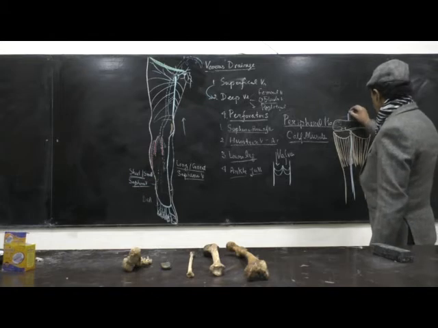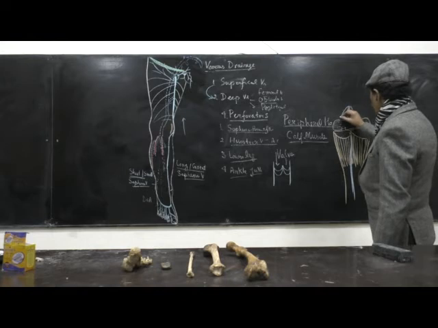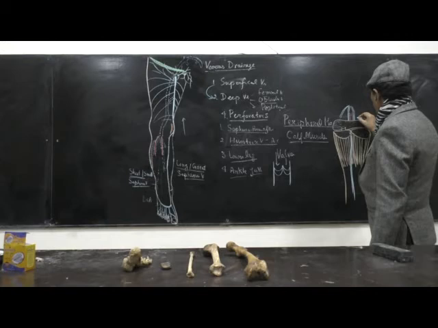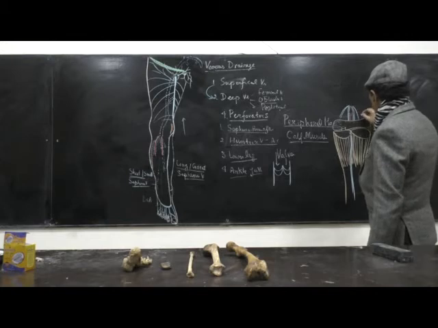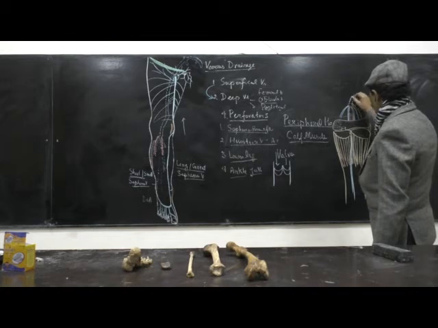Now these vena comitans go upward, and by joining of the vena comitans of the peroneal artery and vena comitans from the anterior tibial artery, they all unite to form what is called the popliteal vein.